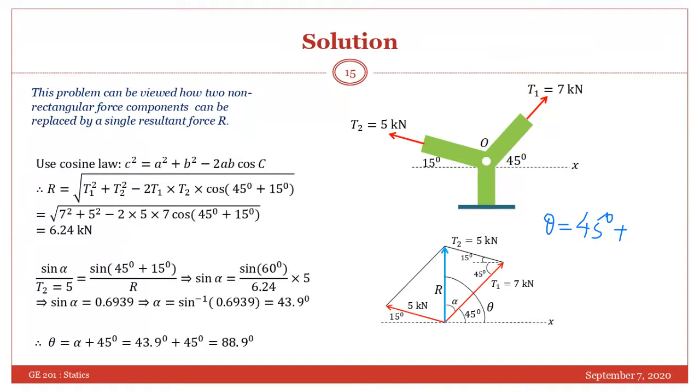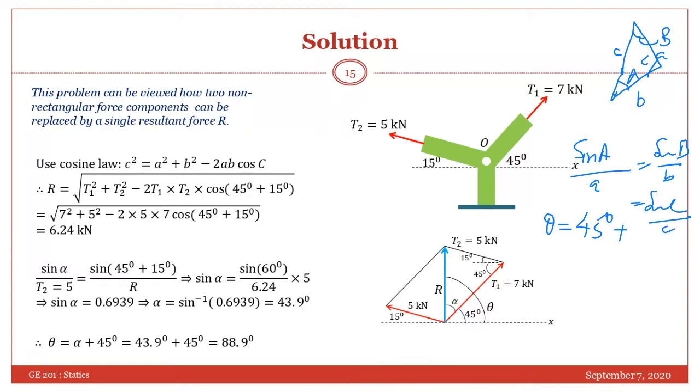You see, as per the sine law, suppose this is capital A angle, this is capital C, this is capital B. Opposite to this is small b, opposite this small c, opposite this is small a. As you know, sine A over a equals sine B over b equals sine C over c.